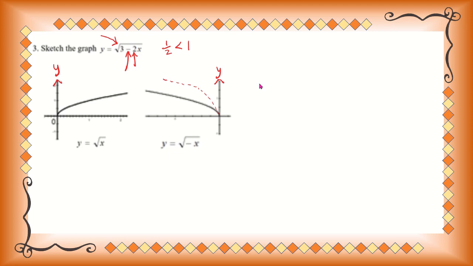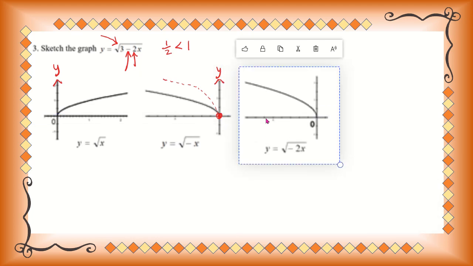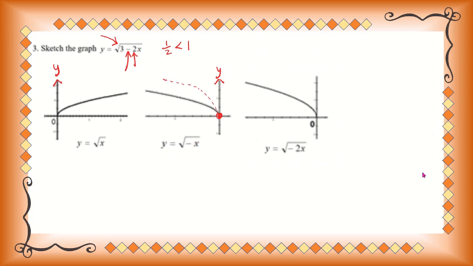So now we look at the critical point, the 0 here. Since the 0 is at the y-axis, which is at the center, so 0 is unchanged. So means after the enlargement, the graph will be like this.